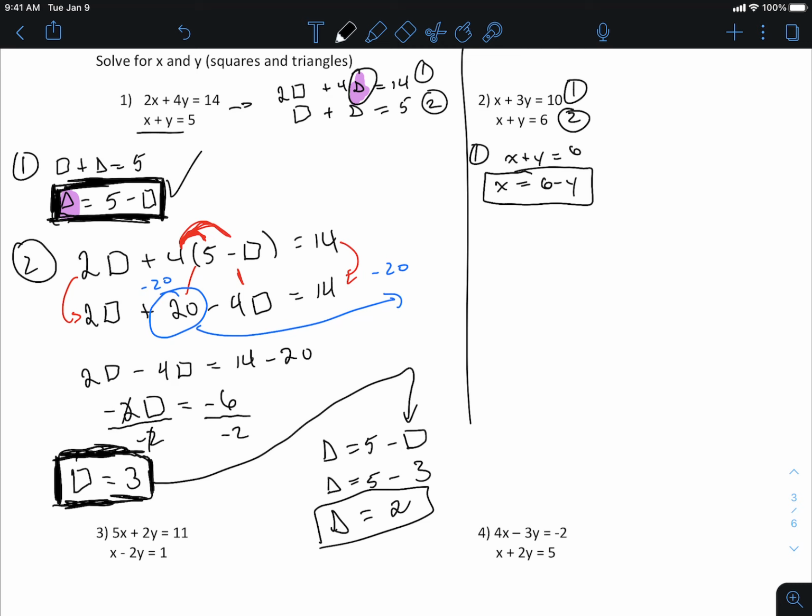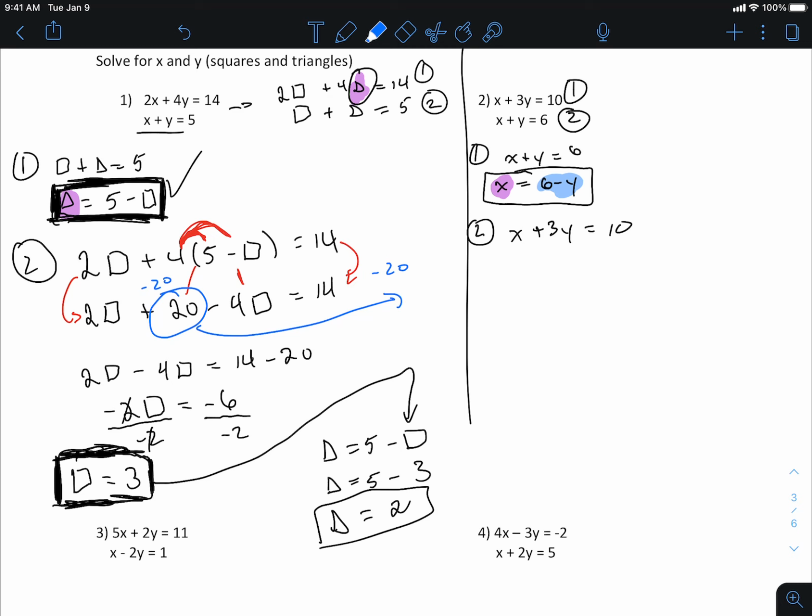From there, I make the substitution of what x is equal to into the first equation. So I'm going to rewrite the first equation. Okay, there's the first equation. I haven't changed anything. I just rewrote it. Now, right above it, you can see x is equal to this 6 minus y piece.